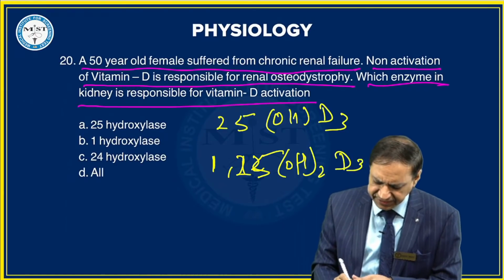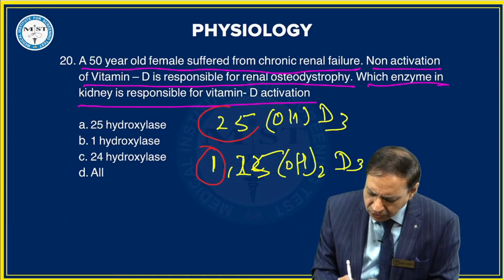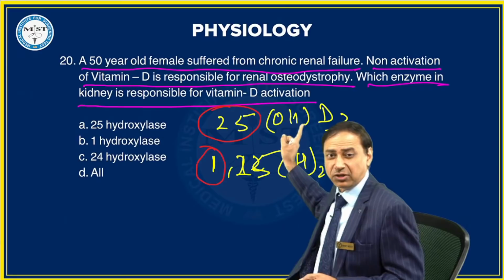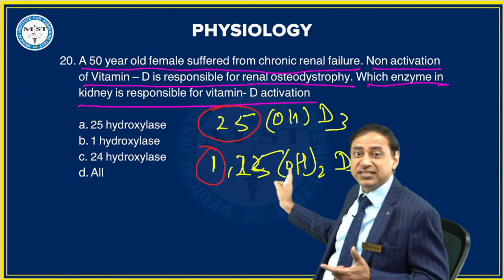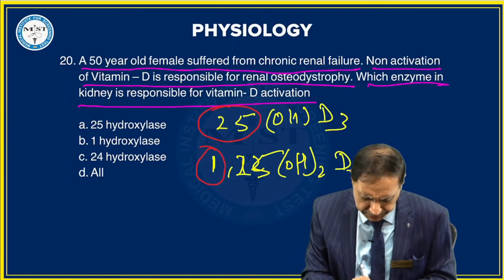So in the kidney I have 1-hydroxylase and in the liver I have 25-hydroxylase. First hydroxylation will occur in liver, 25-hydroxylase. Second hydroxylation will occur in kidney, 1-hydroxylase. So this is the answer here.